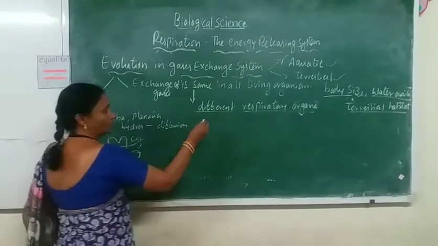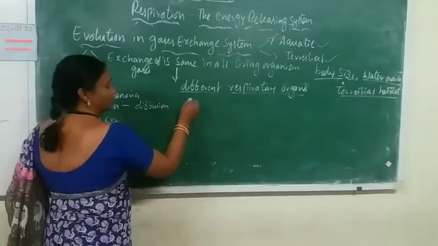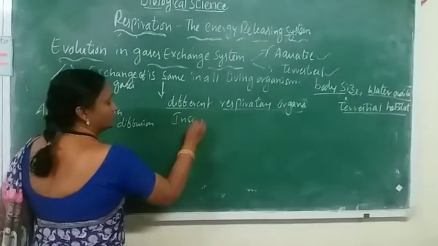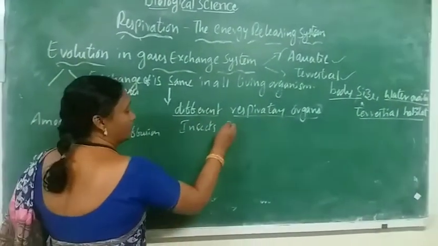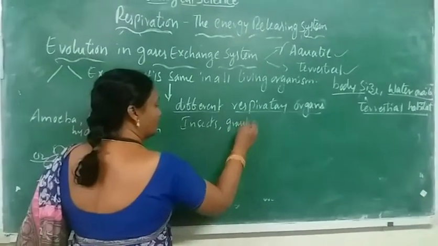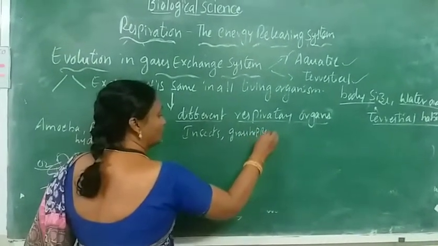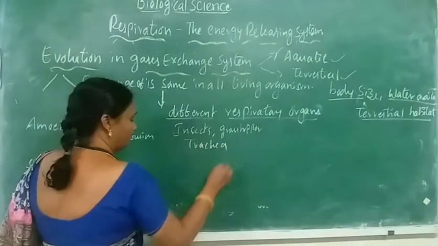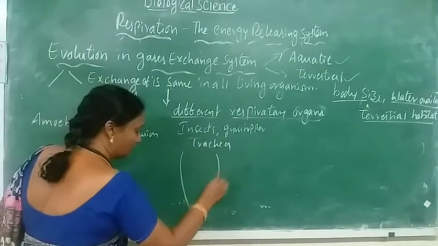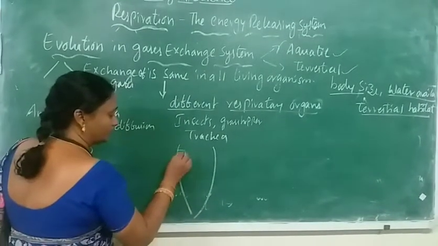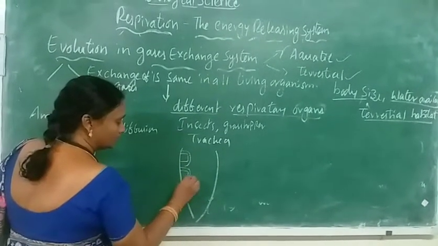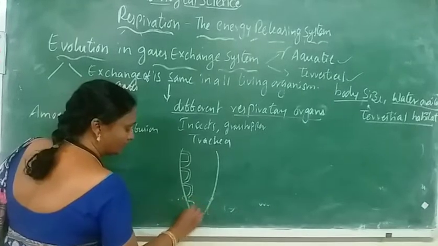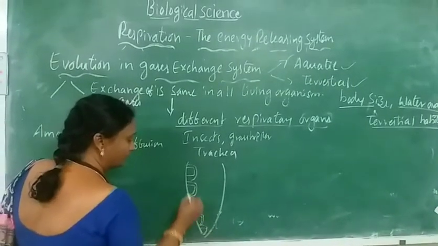Next, when we go to the higher animals, that is insects, grasshoppers and even cockroaches, the respiratory organ in them is the trachea. In the abdomen of the cockroach there are several small tubes called trachea, which are supplied to each and every cell.